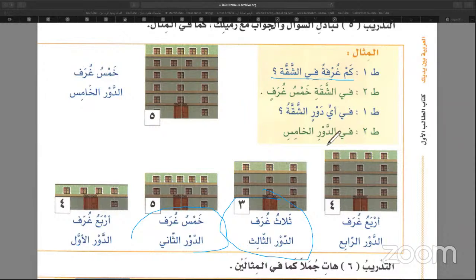In what? الدور floor. الثاني the second. In the second floor. Okay?